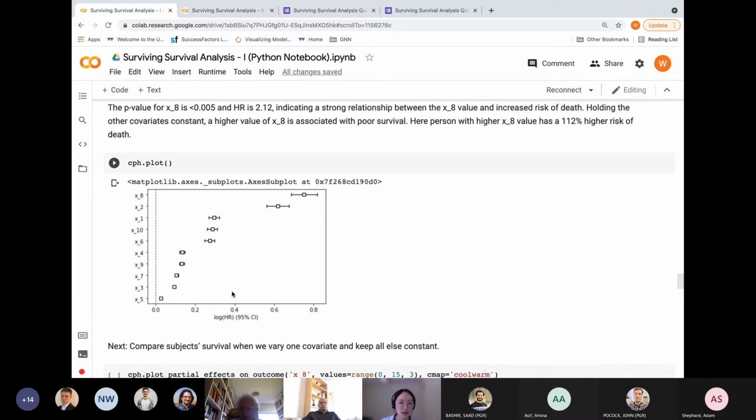From this figure, you can see X8 has the highest regression coefficient, and it is higher than 0, which means this feature has a larger influence on the risk of death compared with other features.